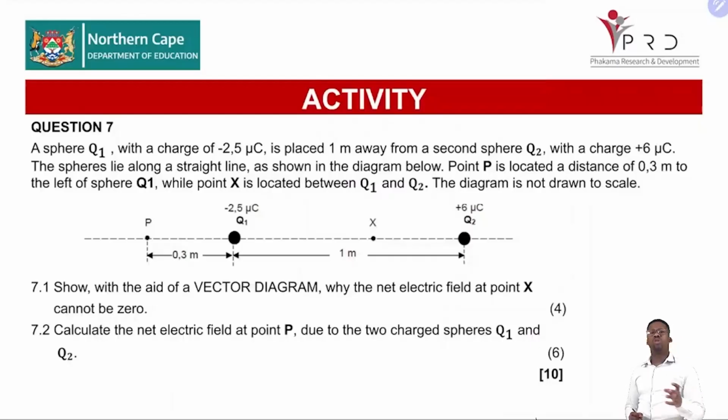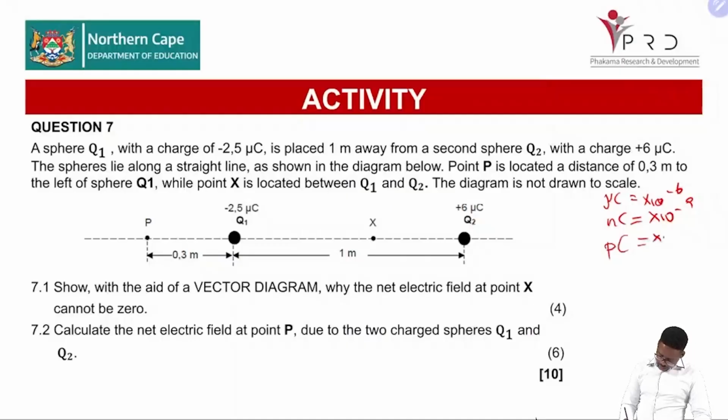So how do you know that is negative 6, negative 9? So you must know if you see micro-coulomb, times 10 to the power negative 6, nano-coulomb times 10 to the power negative 9, pico-coulomb times 10 to the power negative 12. And then it continues to femto and others.